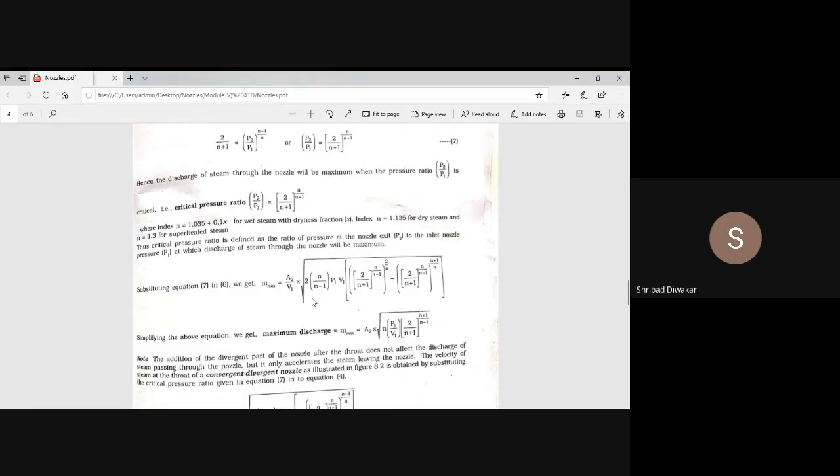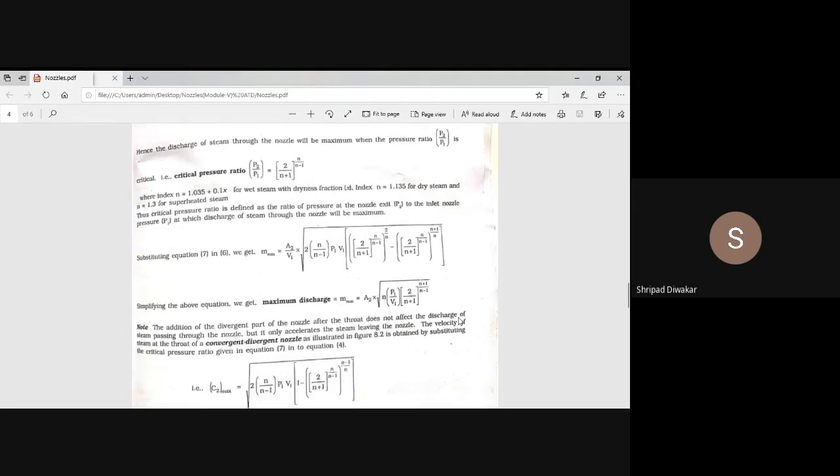That square root of V1 gets cancelled, and one more term becomes part of the numerator. Same thing we have put here. After simplification, m max is A2 into square root of n into P1 divided by V1. This is the simplified form, and whatever is there in the bracket gives the simplified form of this equation. Just simplify this one and do it.